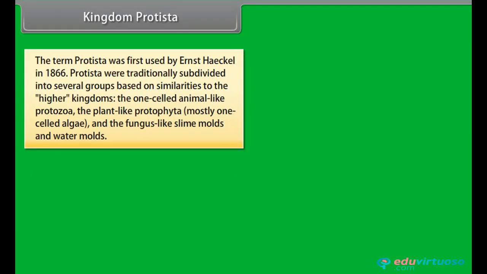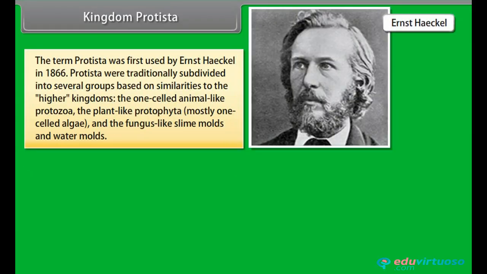The term Protista was first used by Ernst Haeckel in 1866. Protista were traditionally subdivided into several groups based on similarities to the higher kingdoms: the one-celled animal-like protozoa, the plant-like protophyta, mostly one-celled algae, and the fungus-like slime molds and water molds.